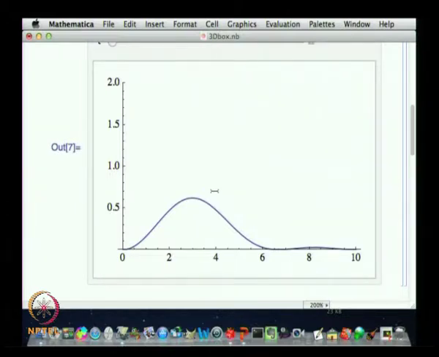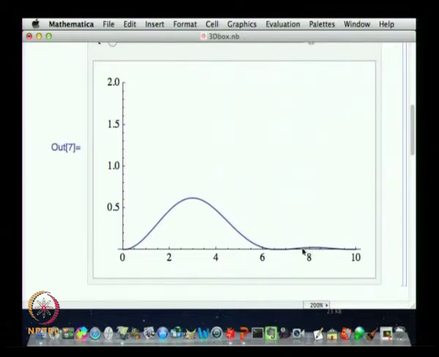And you see that the way the probability density is, the particle is actually localized on one side of the box. The box extends from here to there, and if you look at this figure, you will see that the particle is actually localized to the left hand side of the box, right? And it is not on the other side.